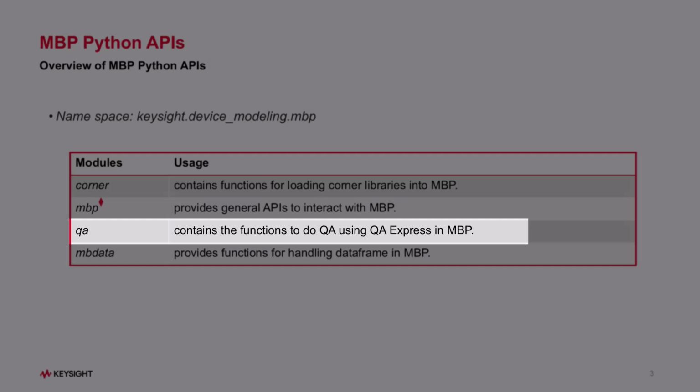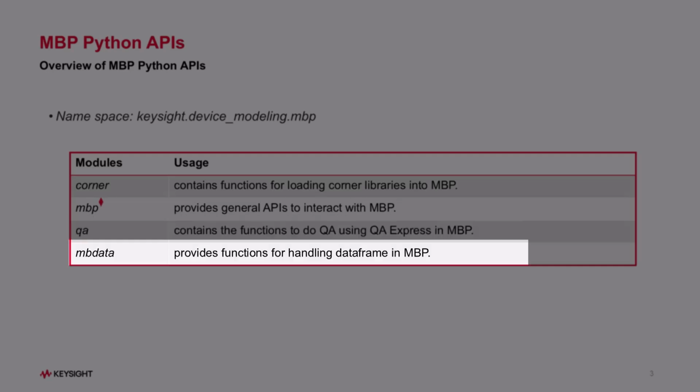The QA module. This module includes functions for quality assurance using QA Express in MBP. QA Express is a valuable feature that allows you to monitor fitting trends or accuracy during the extraction process, eliminating the need to wait until the entire flow is done before conducting quality checks.